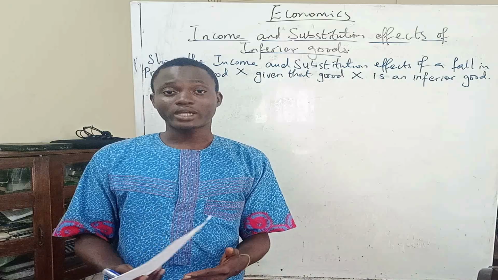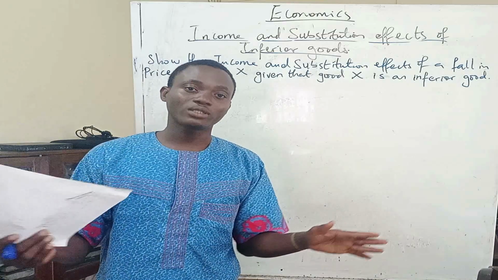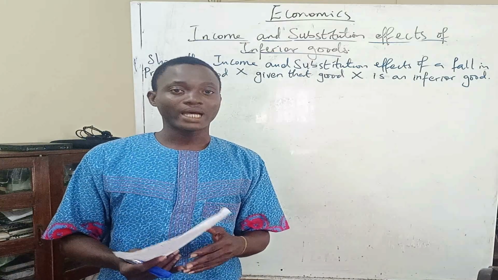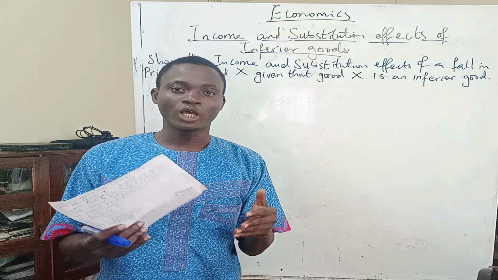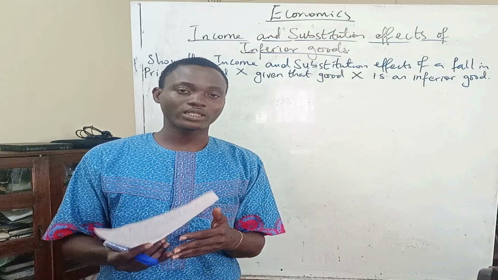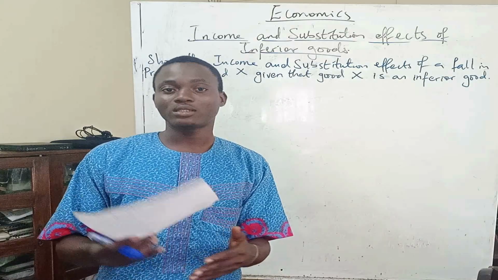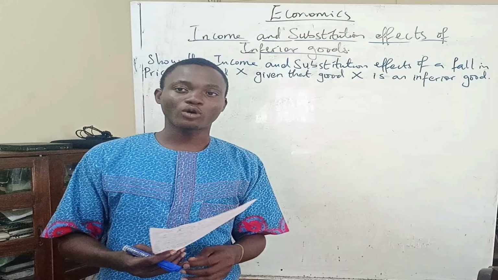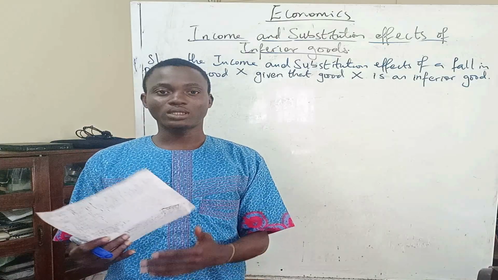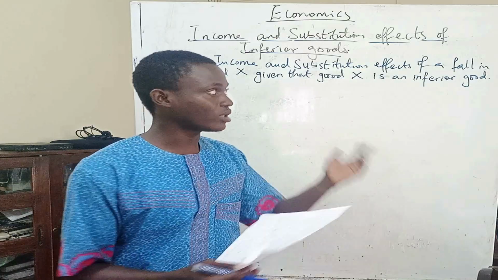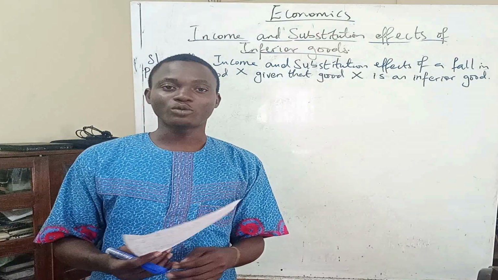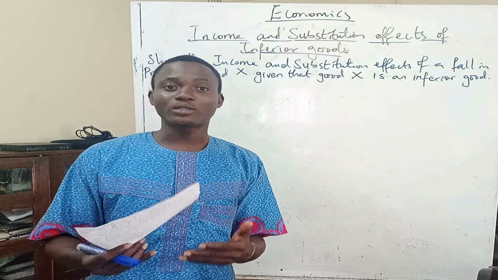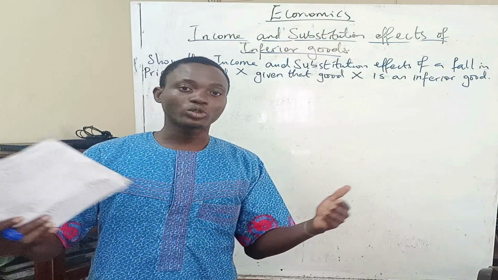So an increase in price reduces your purchasing power, which means your real income has reduced, and you tend to buy less of the two commodities. And if the price of one of the commodities fell, which is what we are going to do here, that means you are wealthier now and you can afford to buy more of both commodities.